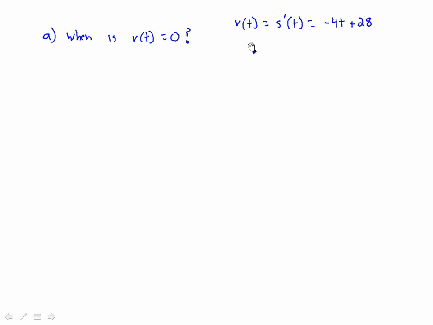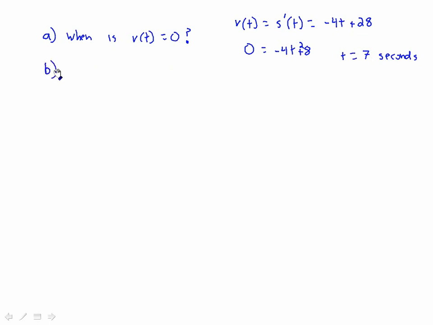And we set this to 0, giving a very simple equation to solve. So t is equal to 7 seconds. If you were to graph the original function, you would note that this is where it reaches the top of the curve.